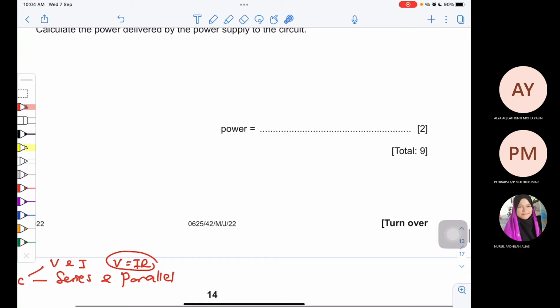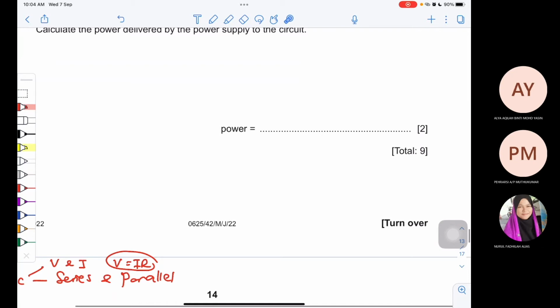So which formula it can be used here? So first one, kita tahu what's the current. Okay, ada tak current given? Tak ada.